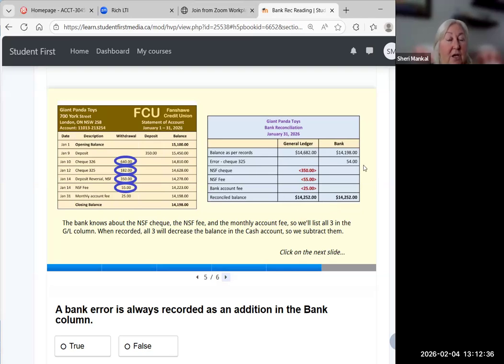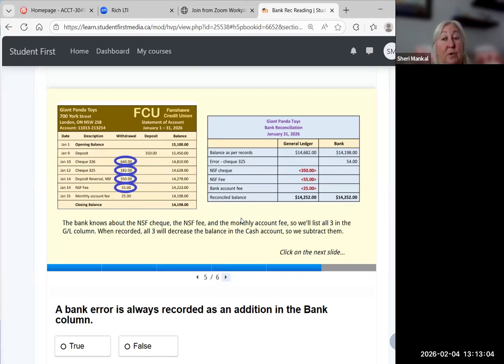So I have to journalize these three withdrawals so that my ledger will match what the bank should have. Now, I could, and I will, reach out to the bank and just say, when I was going through my bank rec, I noticed that there was a mistake on check 325. It looks like you withdrew $182 by mistake.